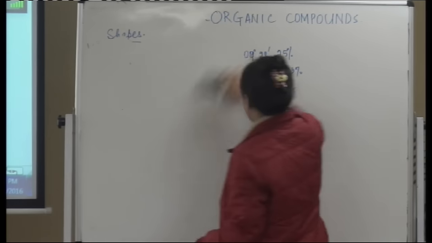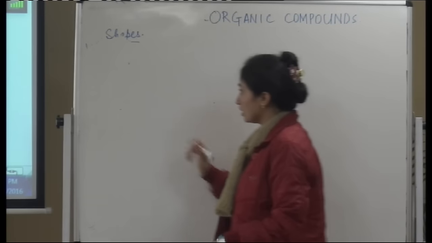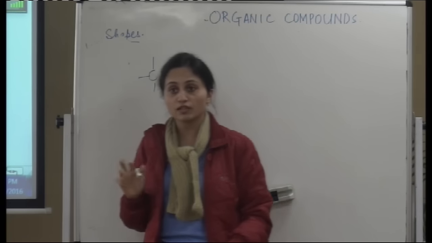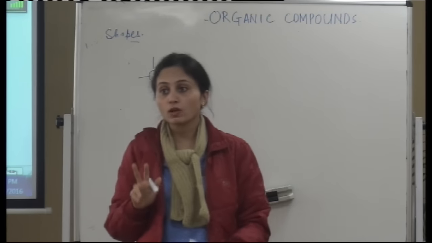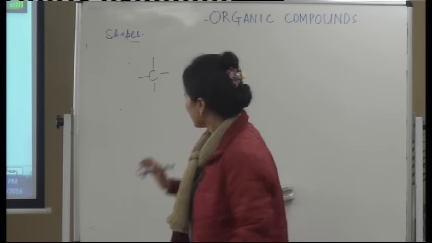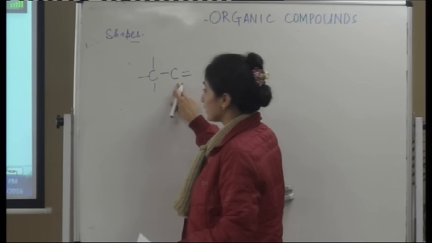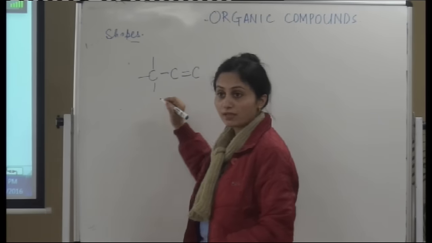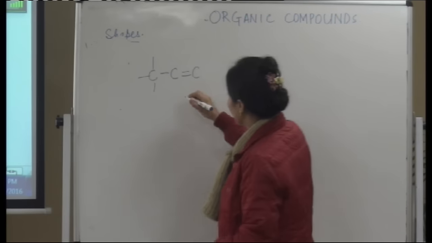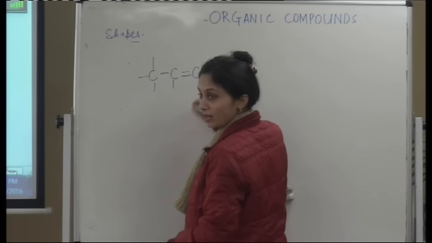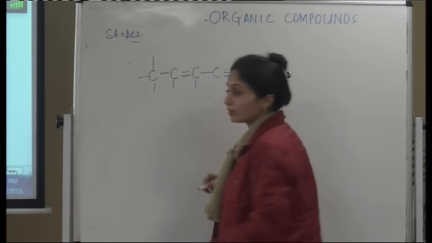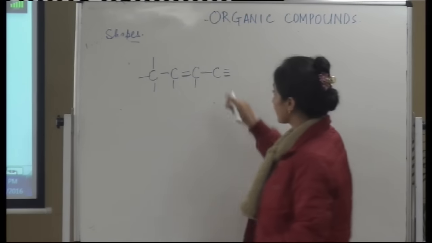Now whenever you have in general, remember that this is also a question which is very commonly asked. If you have a carbon which is surrounded by 4 single bonds, it will always be sp3 hybridized. If you have a carbon attached with a double bond next to it, then that carbon will definitely be sp2 hybridized. And if it is surrounded by a carbon which has a triple bond, then that will be sp hybridized.